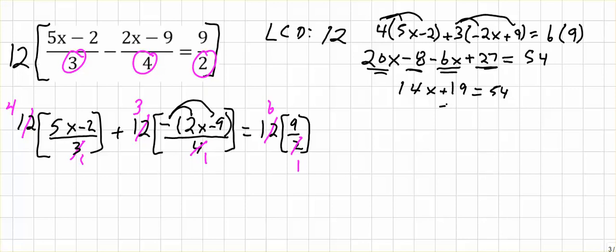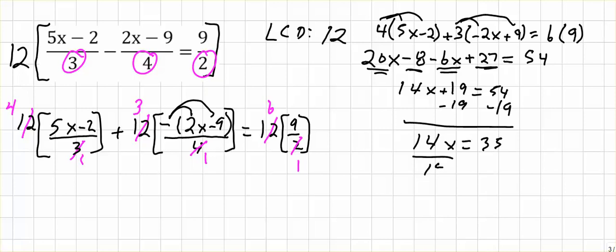Now we can subtract 19 from both sides. This will give us 14x equals 35. And then we'll divide by 14. Now you could leave this as a fraction. Remember, you need to simplify your fractions, but we can also divide this.